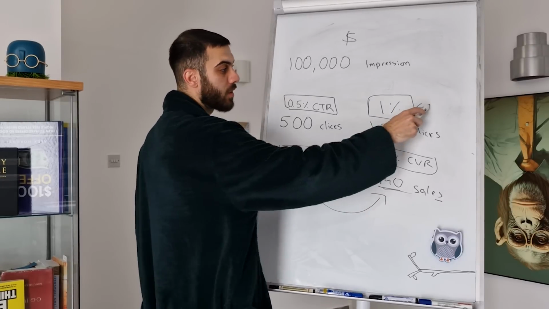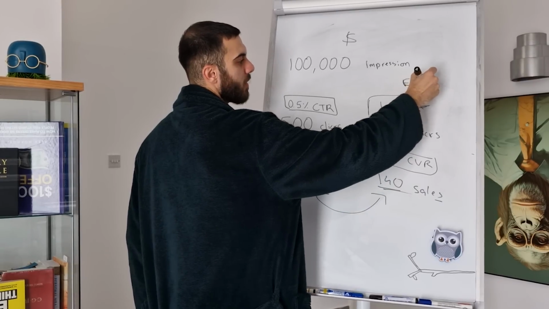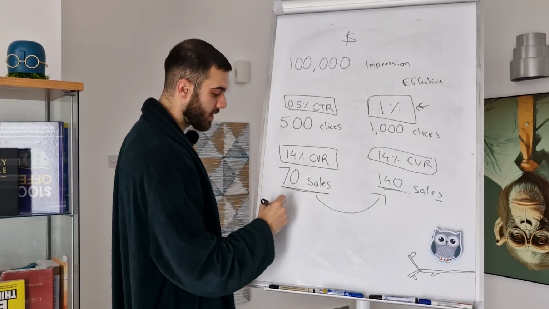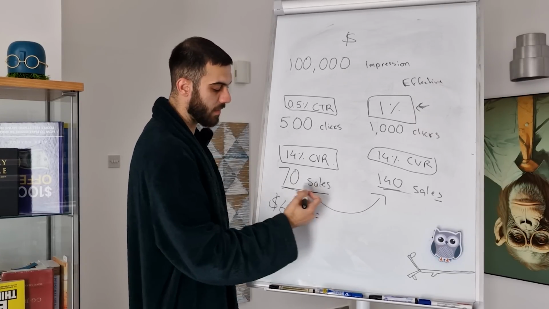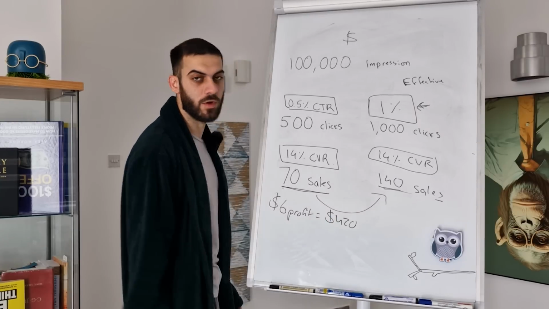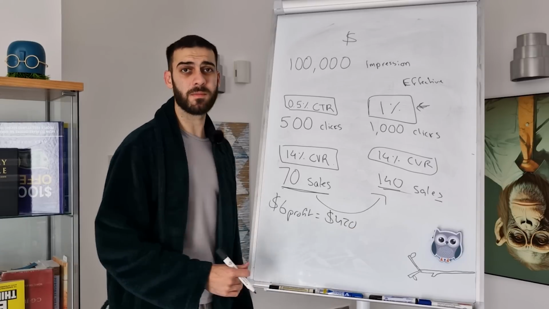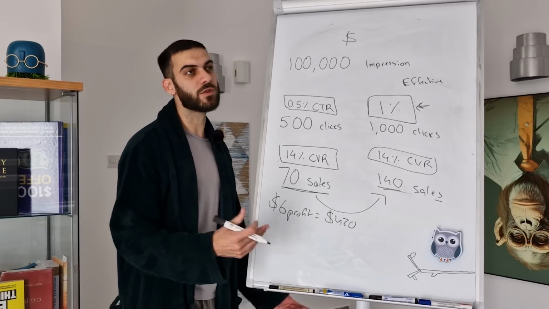And it's very, very easy to double your click-through rate by having a more effective book cover. If we're making, let's say, $6 profit per sale, then 70 sales that we make times 6, which is the profit we make per sale, is $420. If I come and say, hey, I think you should pay a professional designer to design a better book cover, I think you should pay $200.